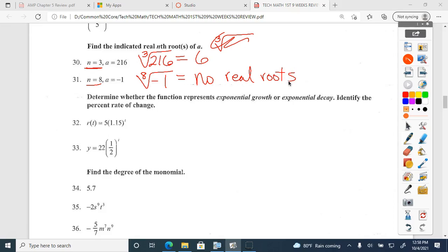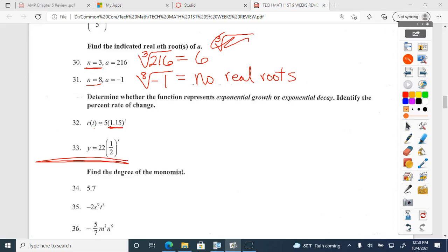All right. The last 2 for chapter 6. So 33 will be where chapter 6 stops. 32 is that exponential growth or exponential decay. You look at the number in the parentheses. Is it more than 1?